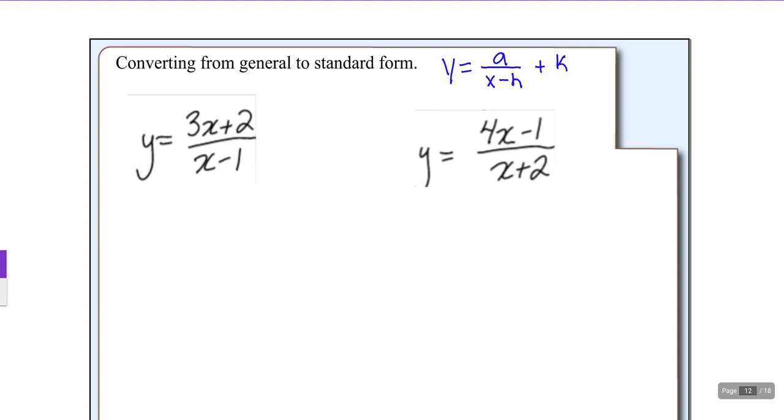So, to convert it into our transformation form, our standard form, our goal is going to be to take the top, so the numerator, and write it with an x minus 1 on the top.